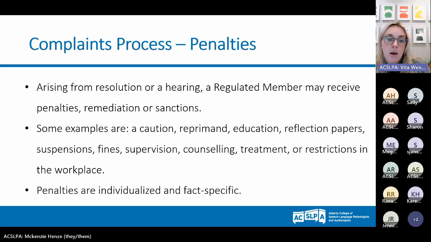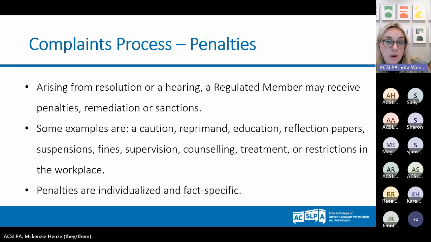But ultimately, I would classify it all as the outcome, whether agreed to in a resolution agreement or determined by the tribunal as appropriate. It is the requirements based on the outcome of what is being sought by the regulated member. So like I said, it's individualized, it's fact specific. There are a large laundry list of things available.